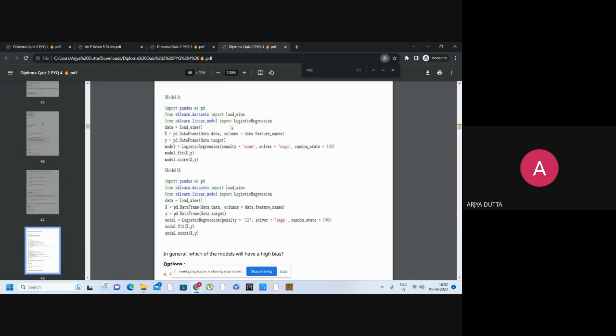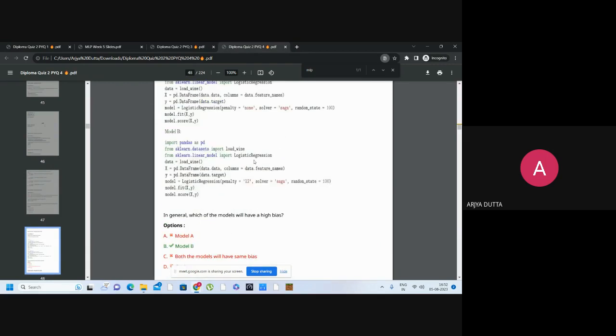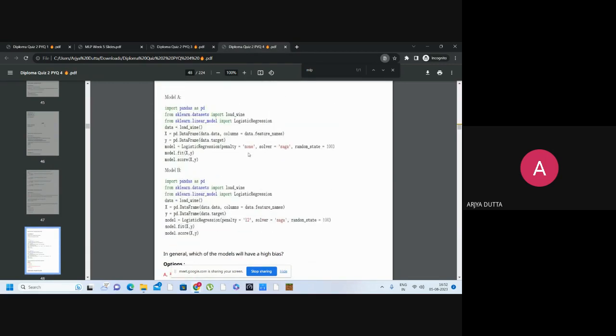And last one, can you explain this one? Because in this question there is regularization, but in the other question there is no regularization, no penalty. So with regularization, the bias should be low, right? The bias should be high. Actually, bias should be higher and variance should be lower with regularization. Okay, only this confusion.